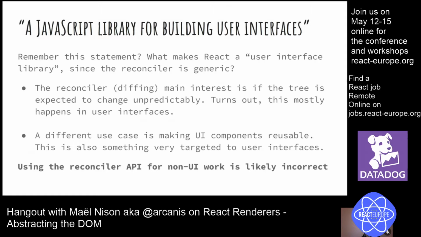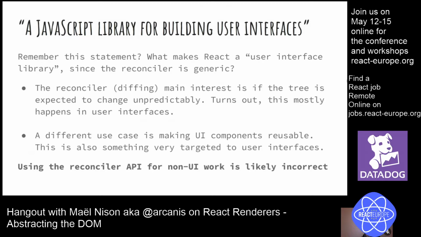The reason why React is defined as a user interface library is that the reconciler's main interest is if the tree is expected to change in unpredictable ways. And as it turns out, this only really happens in user interfaces. When the user is clicking on a button, you want the screen to change. When you receive new data, you want the screen to refresh.